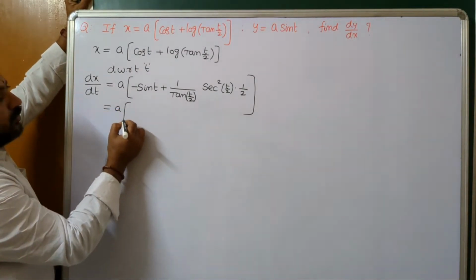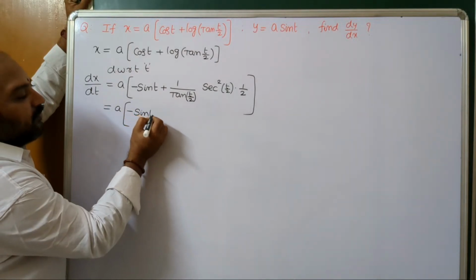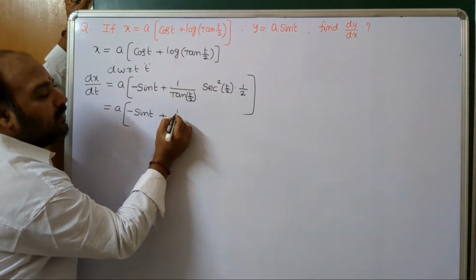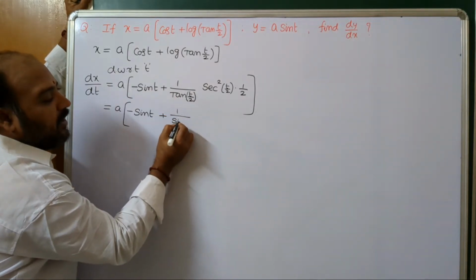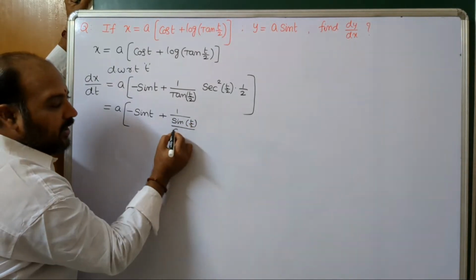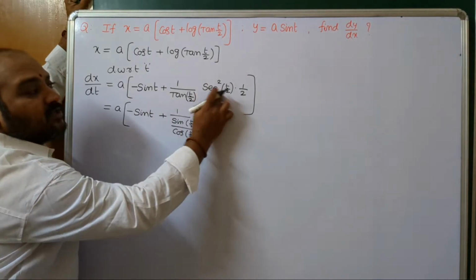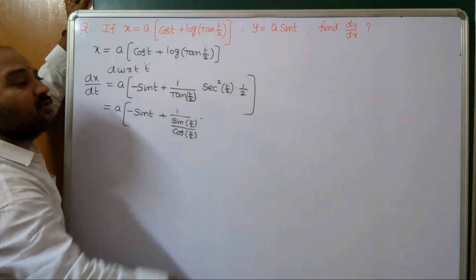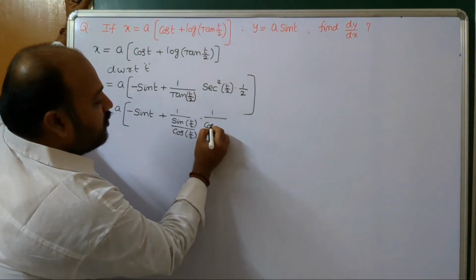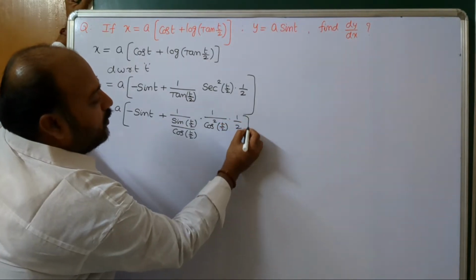a into minus sin t plus 1 by tan t. So 1 by sin t by 2 by cos t by 2, so by cos t by 2, into secant square t by 2 means 1 by cos square t by 2, into 1 by 2.